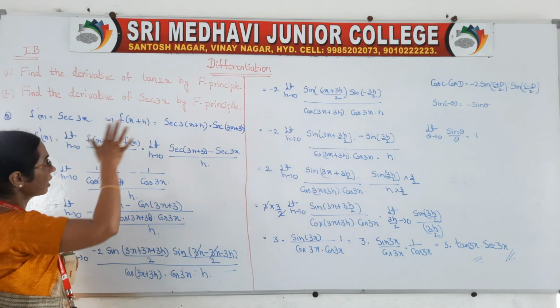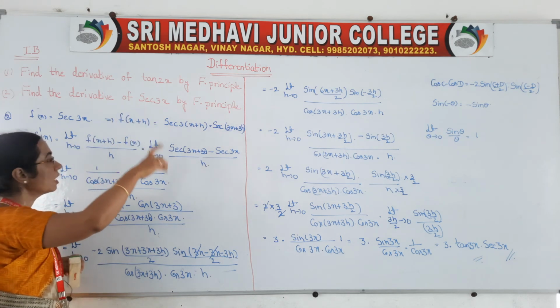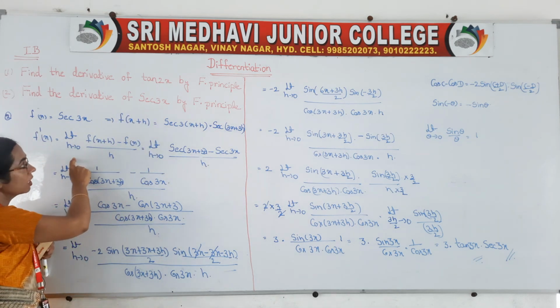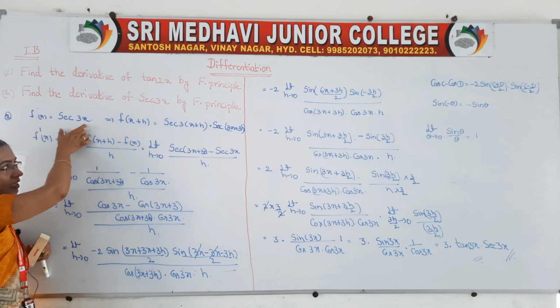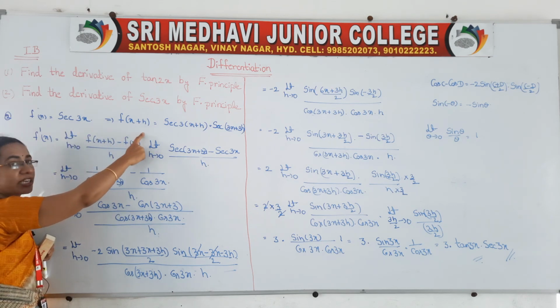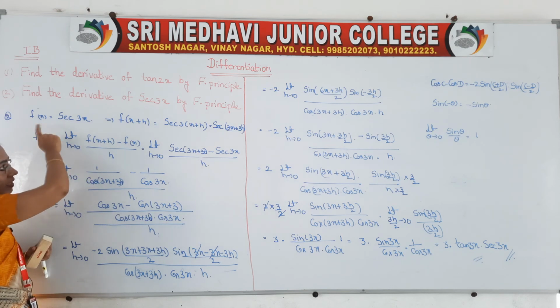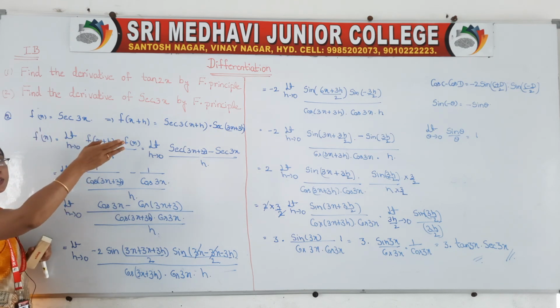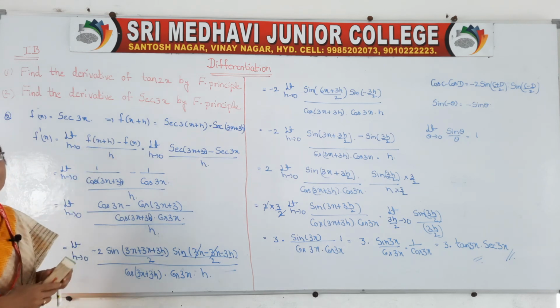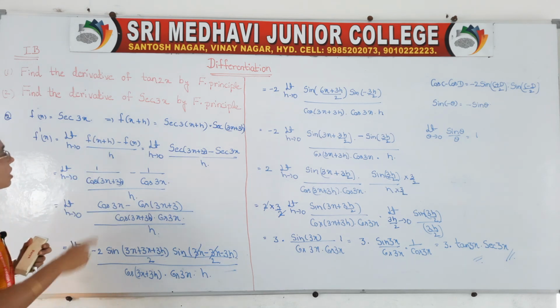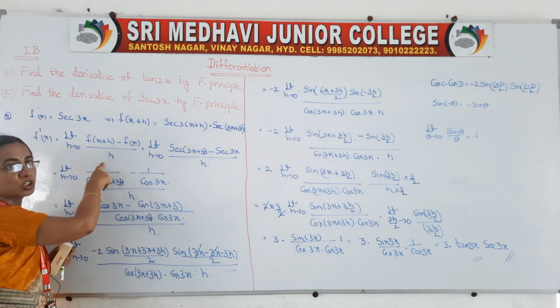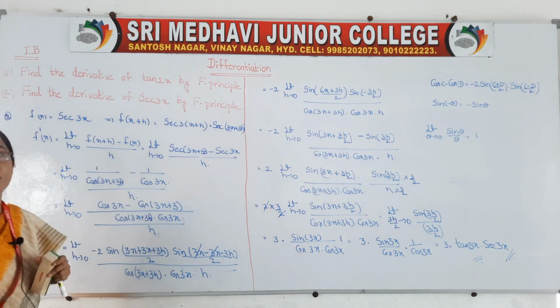But if it is given to find by first principle, then we apply this. To get f of x plus h, it is very simple: wherever x is there, you take x plus h. Once we get f of x plus h, substitute in the formula and try to get your answer.